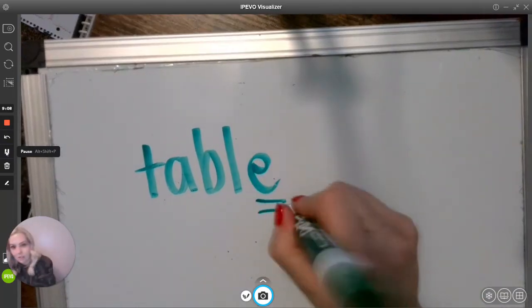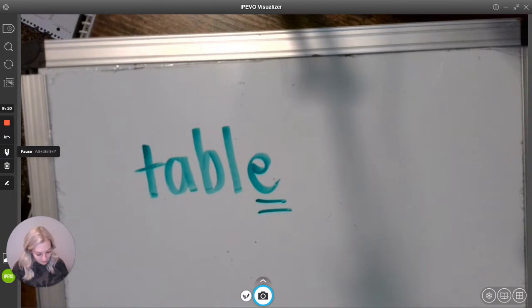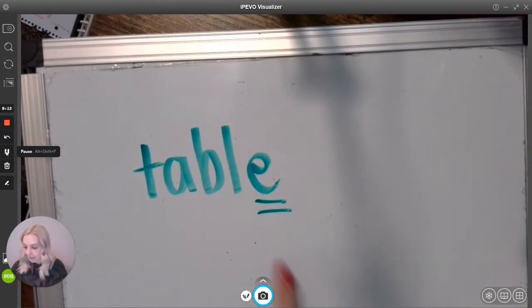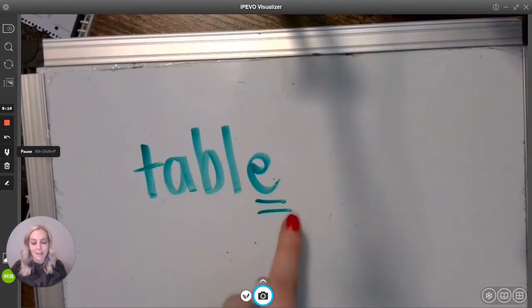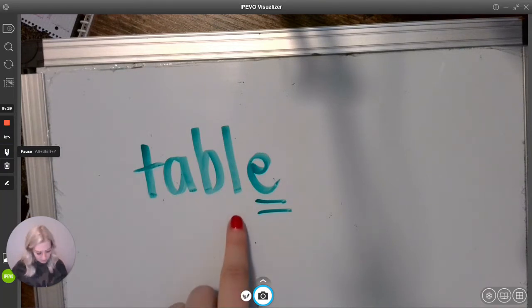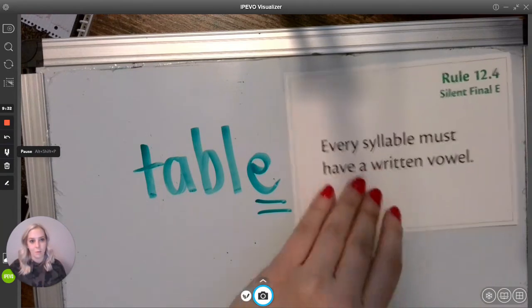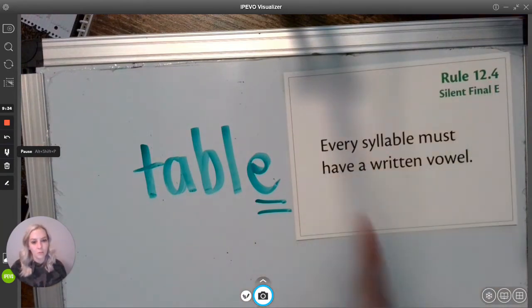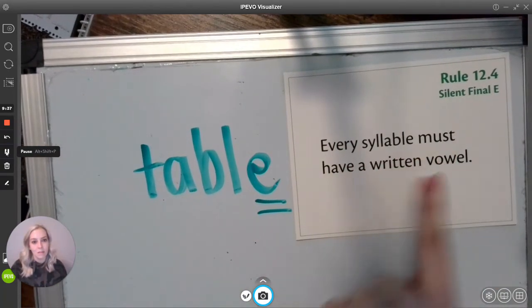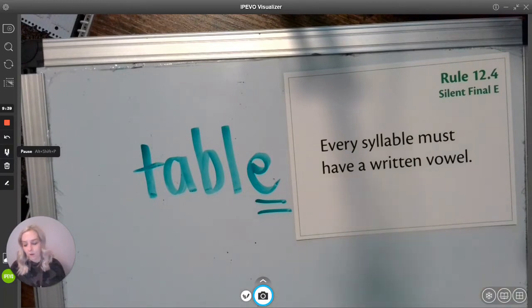Let me do the double underline for it. Okay. We have to add silent final E when we have this, because every syllable must have a written vowel. So I'm going to show you the spelling rule card that goes along with that. Here we go. Rule 12.4. Every syllable must have a written vowel.